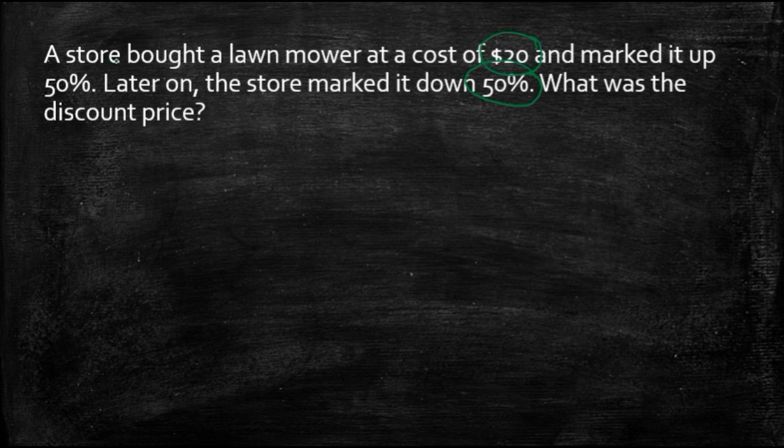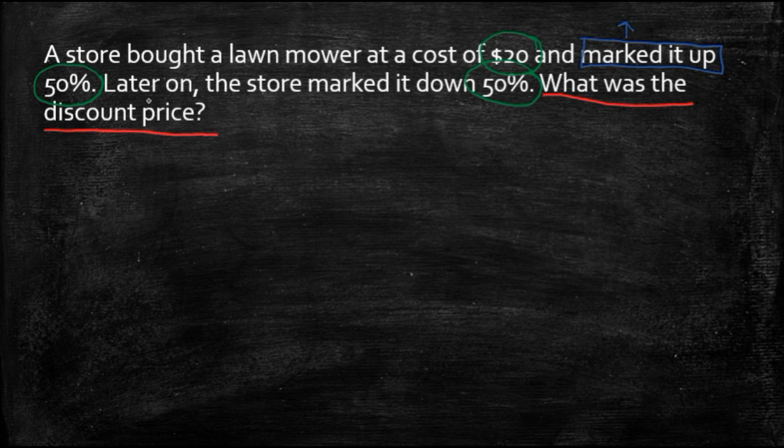So we're circling our numbers. Oh, look at that. We have more numbers than we usually do. So that's interesting. That's a clue right here. All right, so we know that they're asking what the discounted price was. Okay, and we know also that we're going to box in some words. So we have markup. So we know that's a markup.